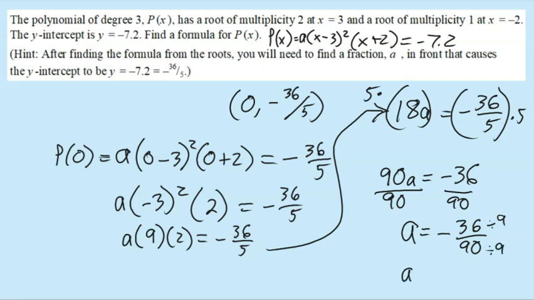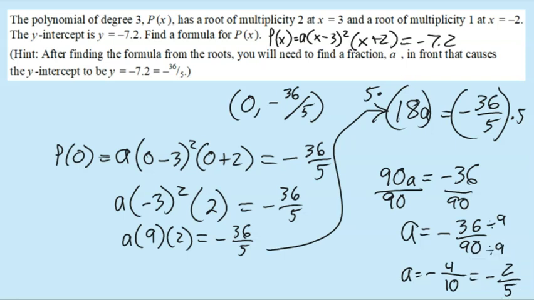And we wind up with a is equal to negative 36 divided by 9 is 4, 90 divided by 9 is 10. I'm not done, because I know that 4/10 can also be reduced. 4 is divisible by 2, and 10 is divisible by 2. So what I wind up with is negative, 4 divided by 2 is 2, 10 divided by 2 is 5. So finally I found my a value.